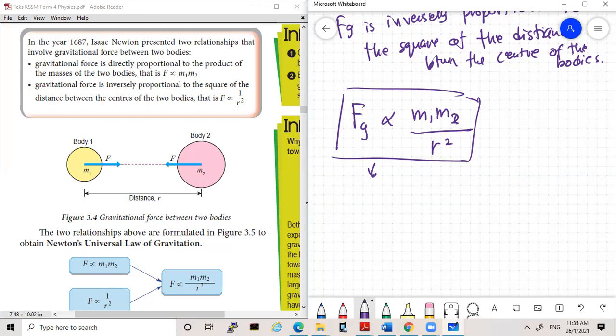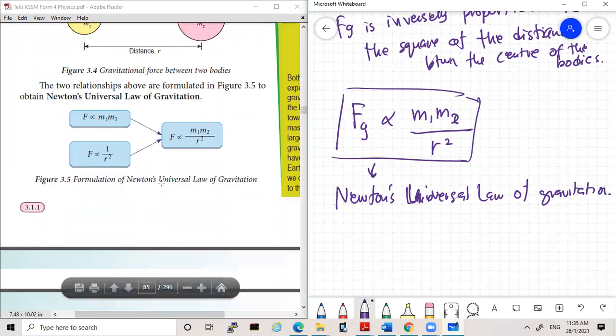We can use this final proportionality to state Newton's universal law of gravitation.